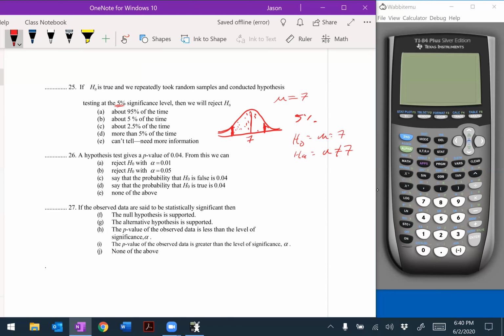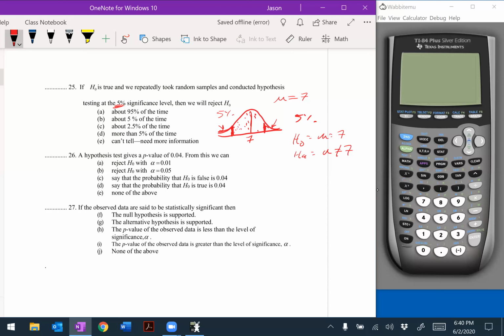Well, I would reject it 5% of the time. If you have a 5% significance level, that means that your region of rejection is 5%. That's what it means to reject: we are in that 5% region.